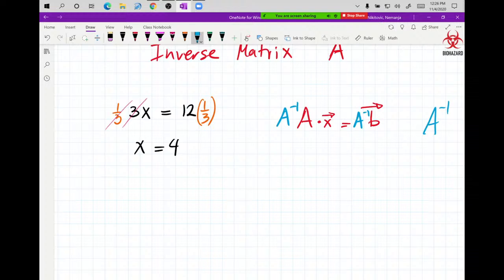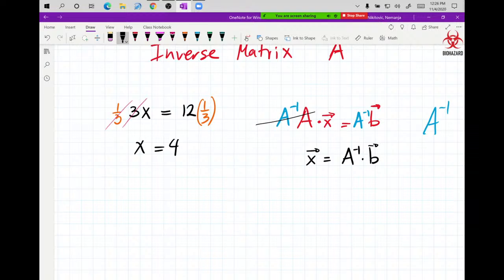No, you have to write it in front of A, and if you are pre-multiplying on the left, you will be pre-multiplying on the right as well. So now these cancel, and you have your solution, vector x, is equal to A inverse times B.